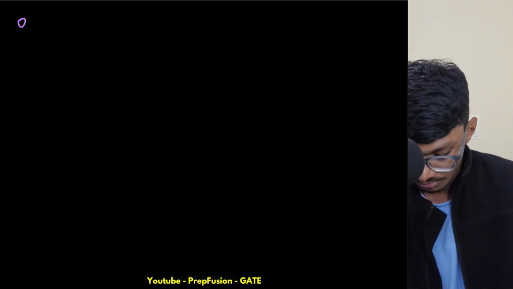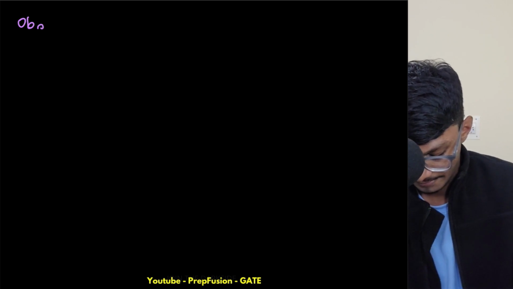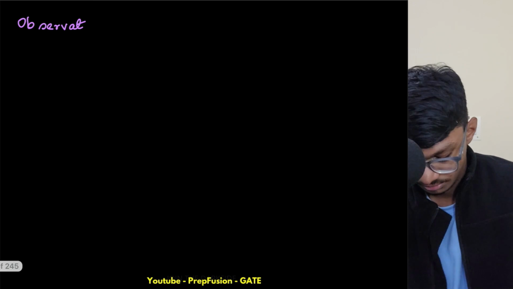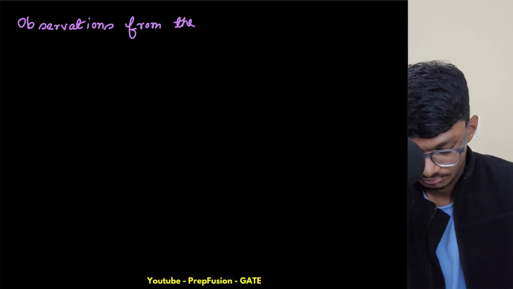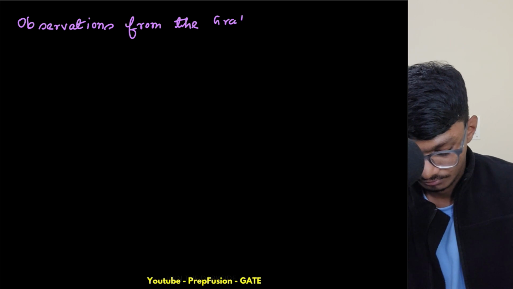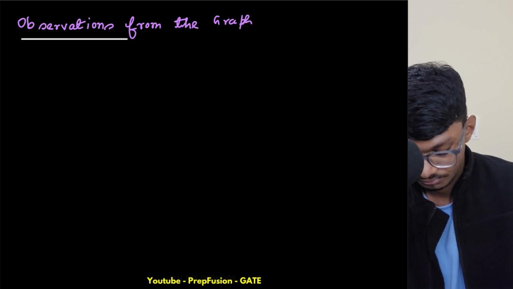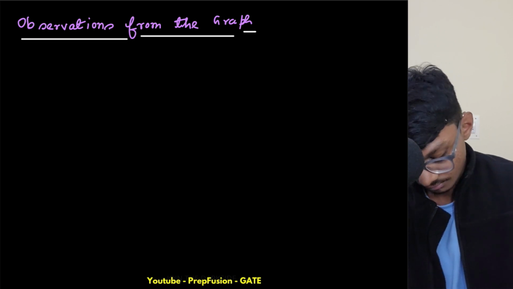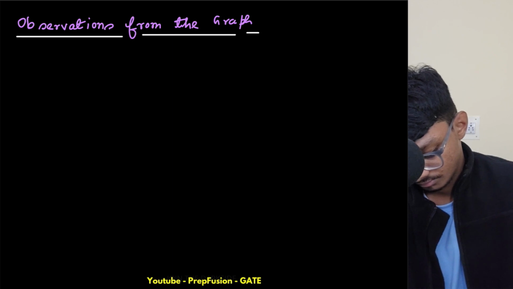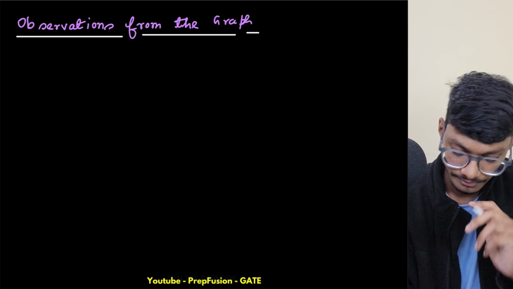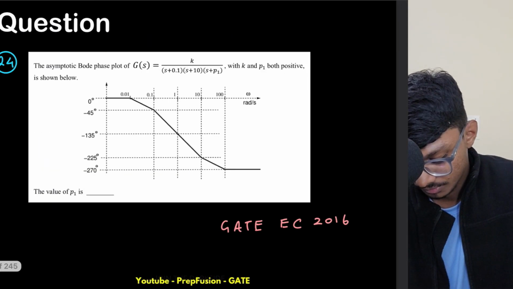Now what do we observe? Observations. I have a pole here, omega P1.